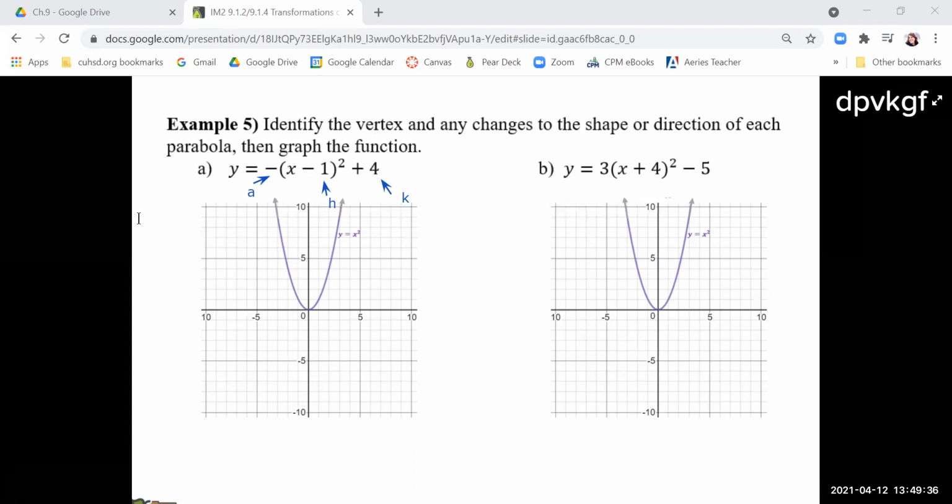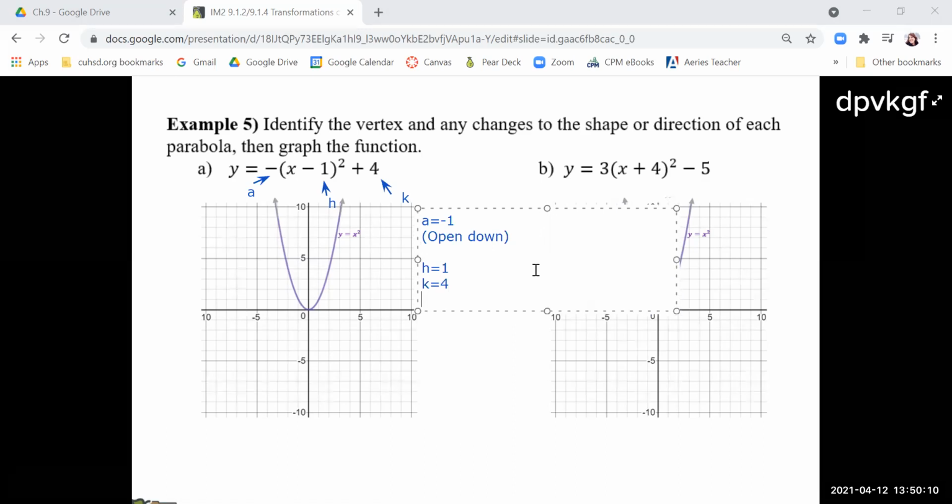So what we have here is an A of -1. And that's going to tell us to make our graph open downward, or reflect, right? And then we have an H. Remember, it's always the opposite of what you see. So we see -1 inside, so we're going to have an H of +1. We have a K of +4.